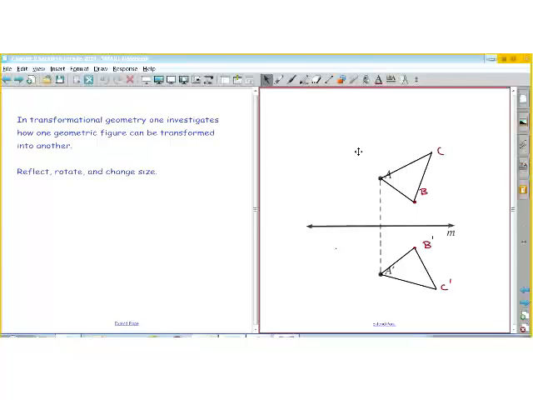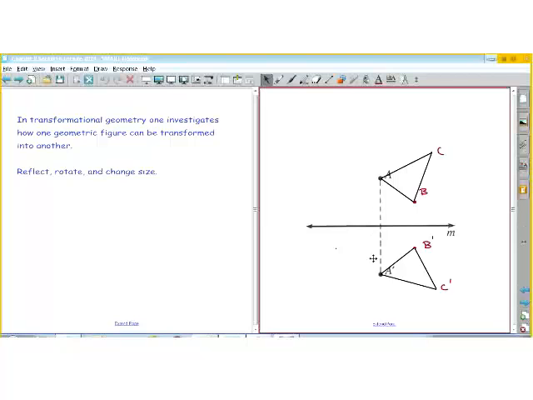So one thing is reflecting an image across some line. In the simplest case, what you have here is a line M, and you have an object, which is a triangle, and you want to reflect it across this line. So everything is equally spaced across the line and also at right angles to the line.